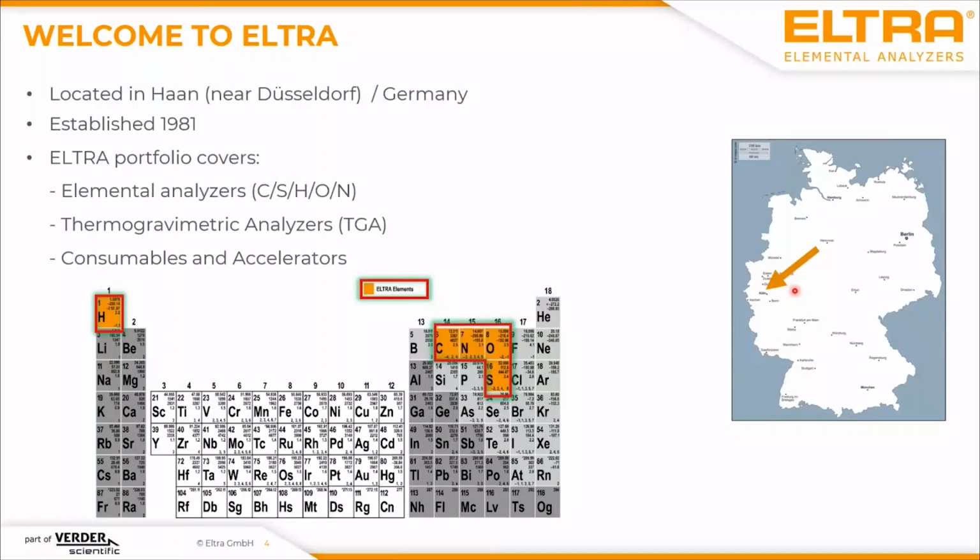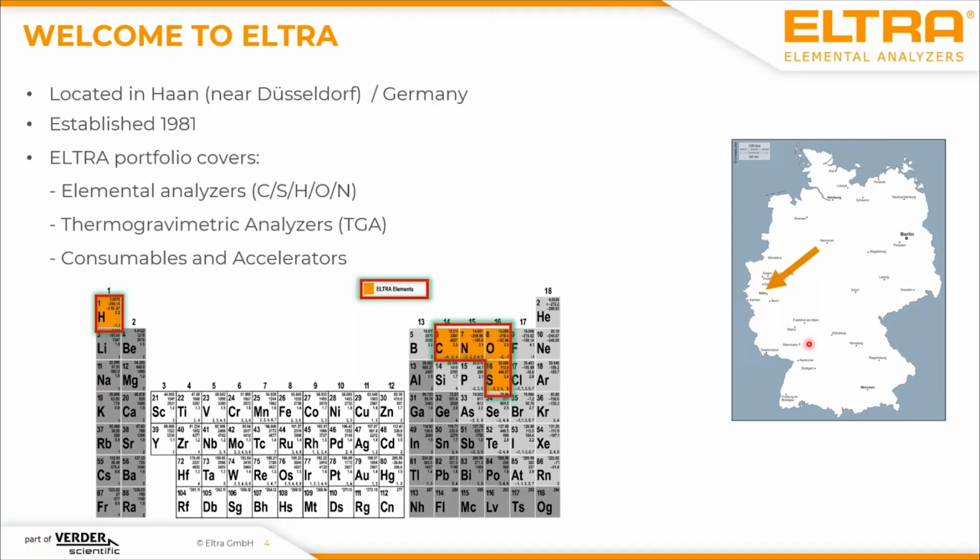So Ultra is located here in the western part of Germany between the lovely cities Cologne and Düsseldorf. We were established in 1981 and our portfolio covers mainly elemental analyzers for carbon, sulfur, hydrogen, oxygen, nitrogen.